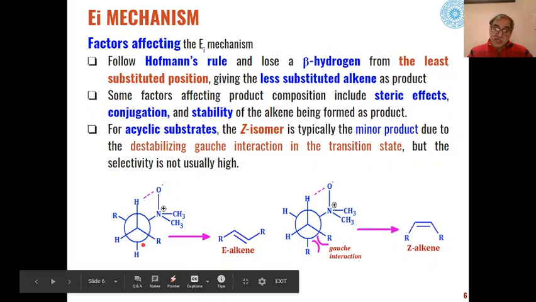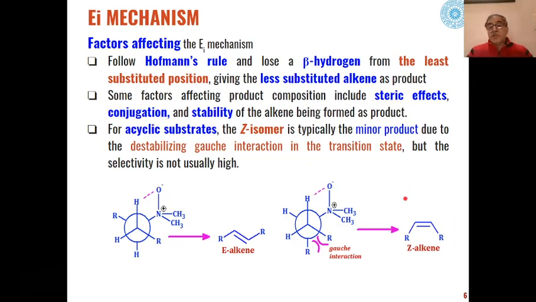So in this conformation there is no gauche interaction, and this is formed as the major product. But because of the gauche interaction between these two bigger groups, the Z alkene is formed as the minor product in pyrolytic elimination reactions.